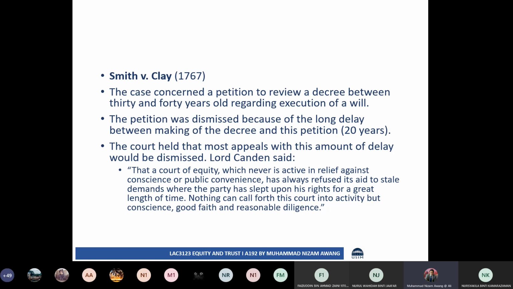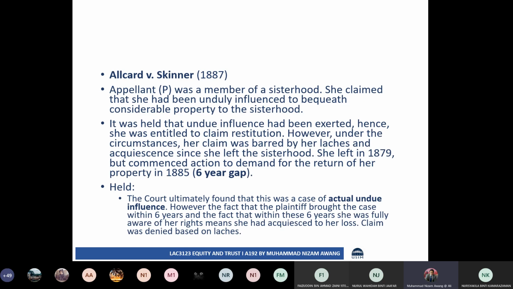When you say the party has slept upon his right, it means the party did not bother anymore about the lateness or about the delay. So in this case, the court said the delay showed that the act was not conscionable and not diligent. Because of the delay, the plaintiff was denied the right to claim.